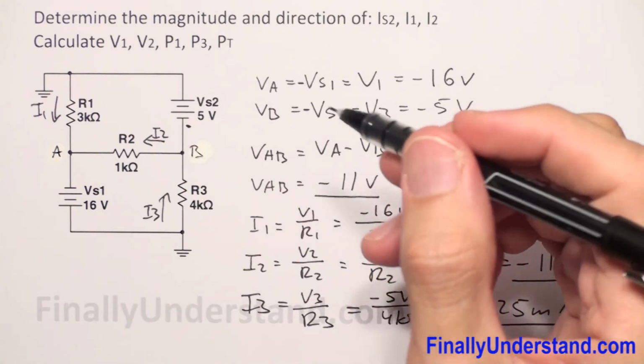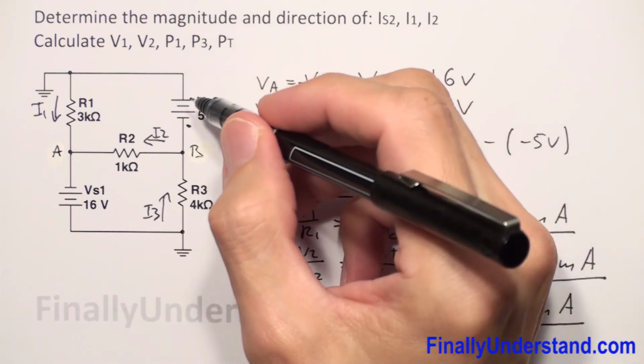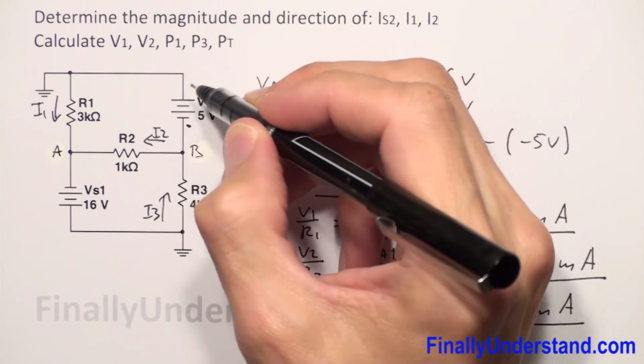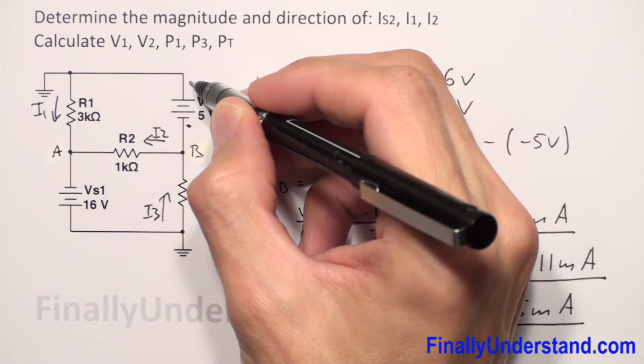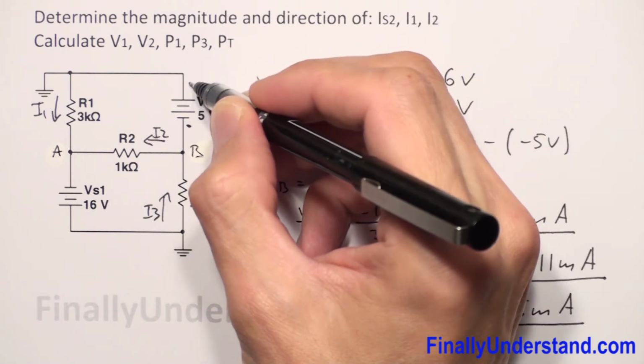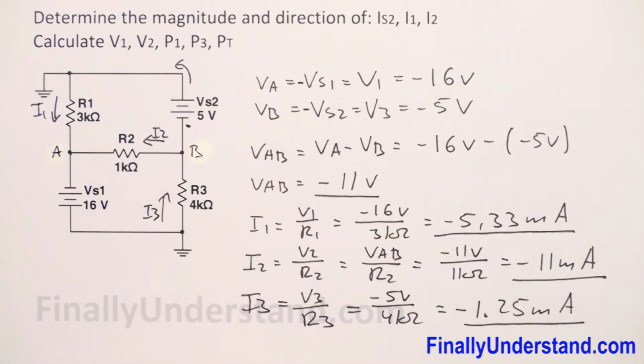Now we need to keep in mind that current flows from the positive terminal to the negative. We use the conventional current flow, so the current is going to be pushed by this voltage source in this direction. If I want to find I source 2, this is going to be equal to I3 minus I2.